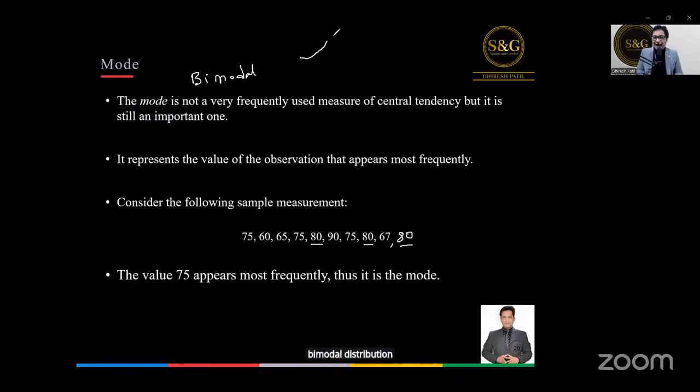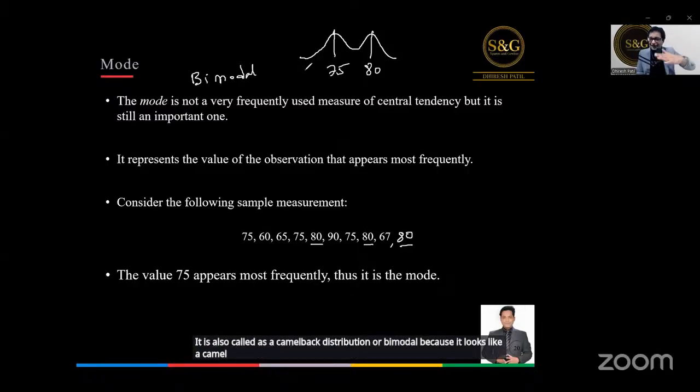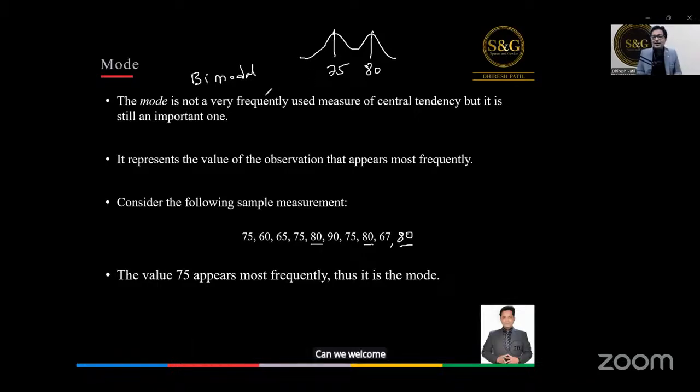It looks like a camel back. So this is 75 and this is 80. It is also called a camel back distribution or bimodal, because it looks like a camel, na? Camel ka back jo hota na, looks like that, right? It is called a bimodal distribution.